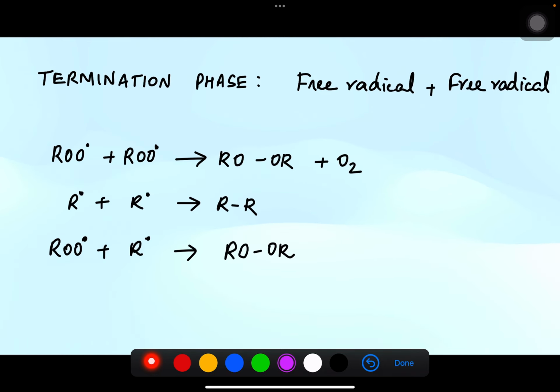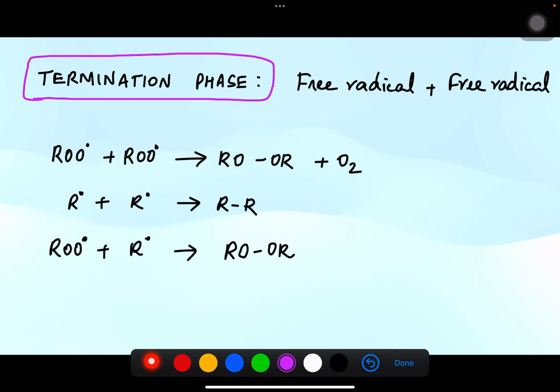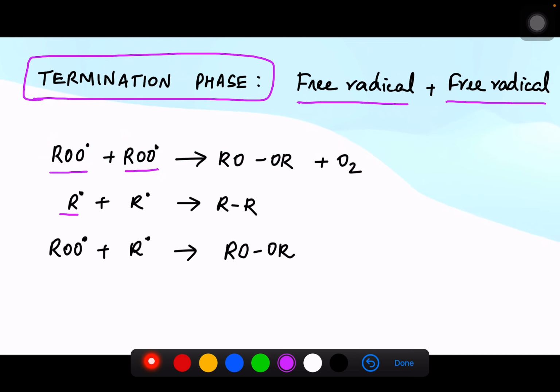So when does it stop? It stops at the termination phase, when one free radical combines with another free radical, or comes in contact with another free radical. Only then this chain reaction stops, which is very rare. In all of these reactions there are two free radicals.